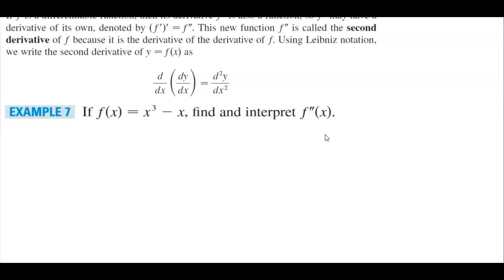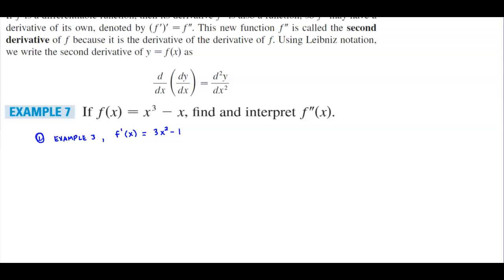Okay, so let's first talk about what we did in example 3. In example 3, we found that f prime, or the first derivative of x, was equal to 3x squared minus 1.